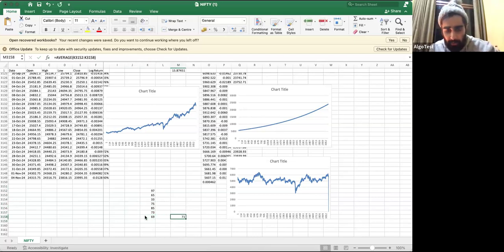So my average comes to 70.28. And these were the marks of students in some exam.